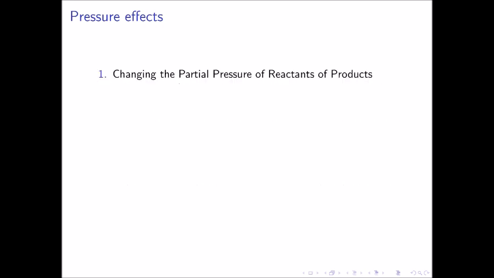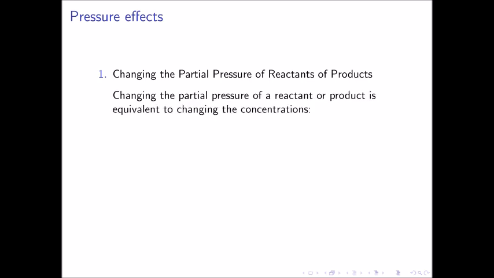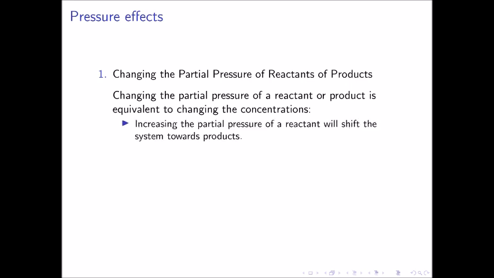Let's start by considering changing the partial pressure of one reactant or a product. It turns out that changing the partial pressure of a reactant or a product is equivalent to changing the concentrations. This is just what we did in the previous section, and the results mirror that section. By increasing the partial pressure of a reactant, we will shift the system toward products.